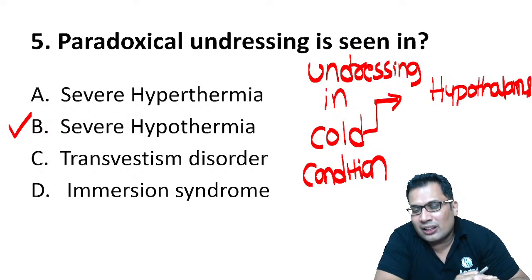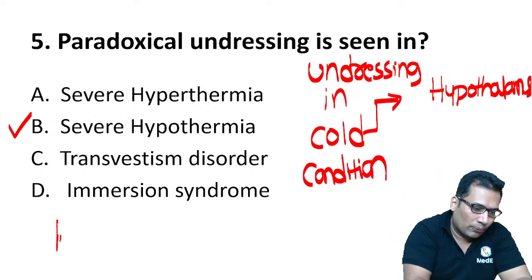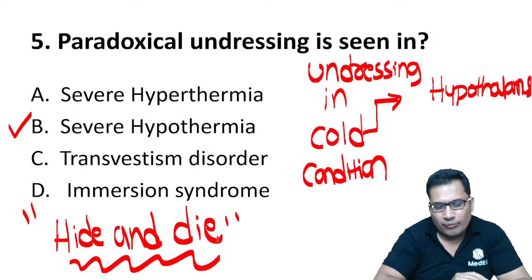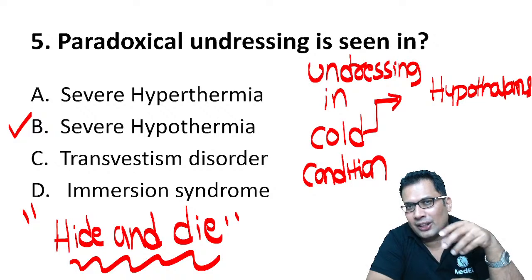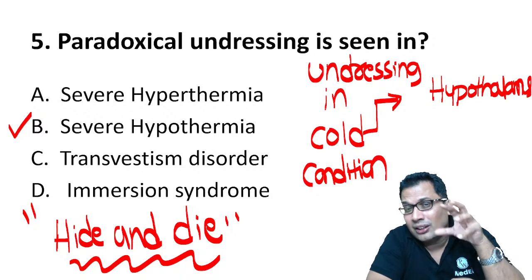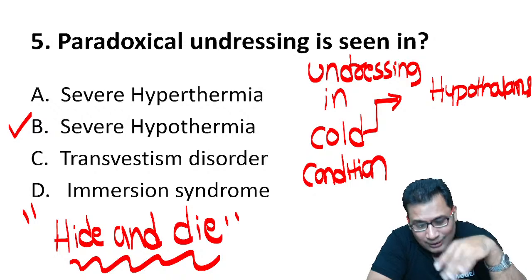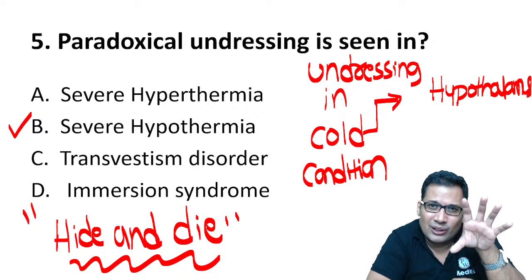So paradoxical undressing, and one more is hide and die syndrome. In a postmortem examination or crime scene examination, you will see the dead body under the bed or in a wardrobe, some closed spaces, unusual places.